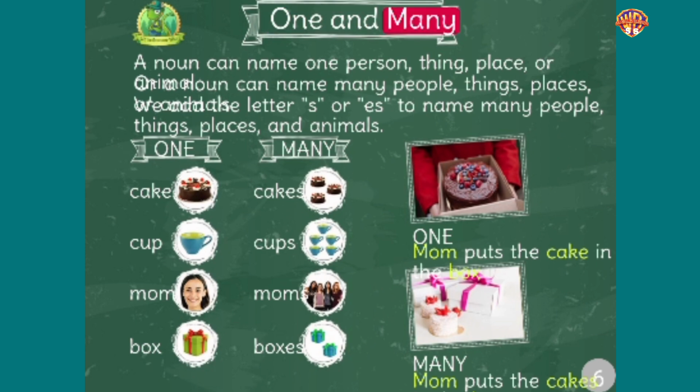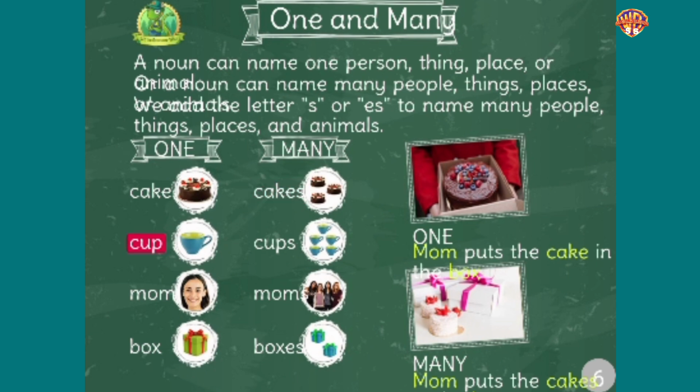One and many. A noun can name one person, thing, place, or animal. Or a noun can name many people, things, places, or animals. We add the letter S or ES to name many people, things, places, and animals. One cake, many cakes.